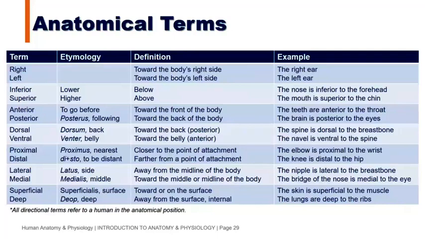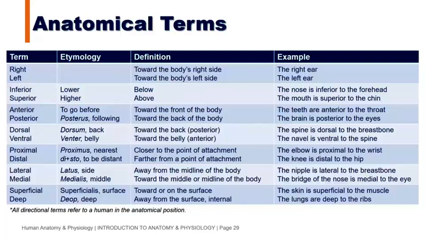And I believe you already know where is your right and where is your left. When you are directing towards the body's right side and you are directing to the body's left side, that is self-explanatory. So you can just say the right ear or the left ear. But when you say inferior and superior, inferior basically means lower, and then superior means higher.